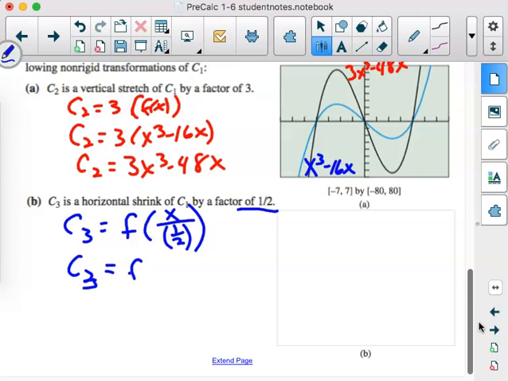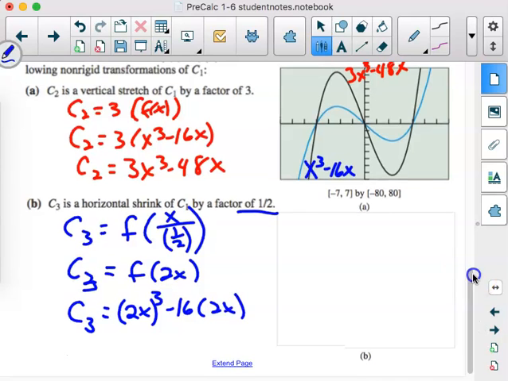So it's really going to be f of 2x. So that means wherever we see an x in our function, we're going to have to change that to 2x. And that'll be 2x, the quantity, cubed minus 16 times 2x.